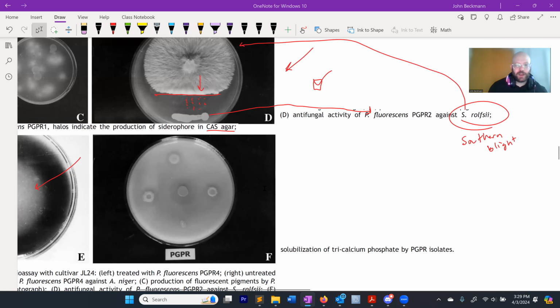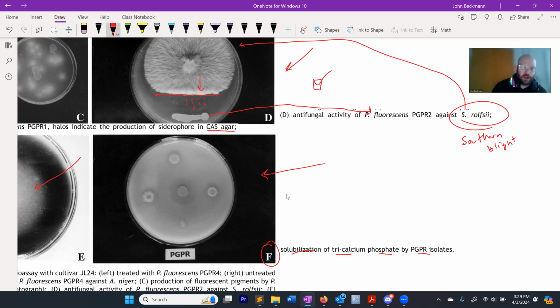Okay, here's one I actually agree with. I can totally see the phenotype here as well. So here is F. They're checking for solubilization of tricalcium phosphate in the PGPR isolates. So here's a special plate where there's probably a saturated amount of some calcium derivative. Calcium is often white, okay?